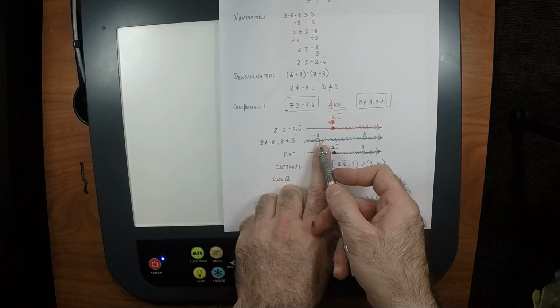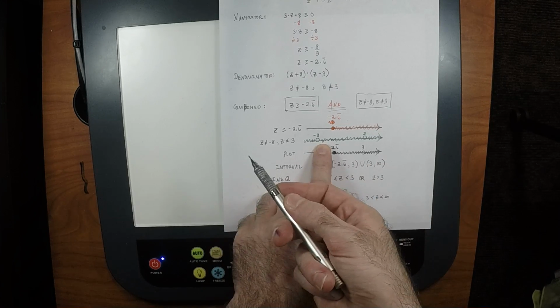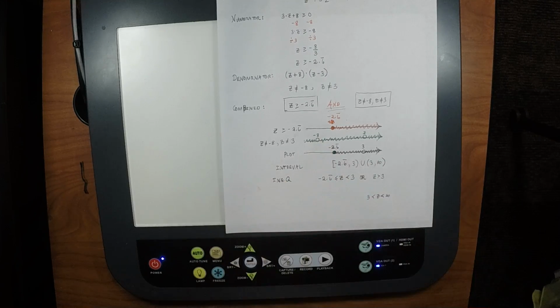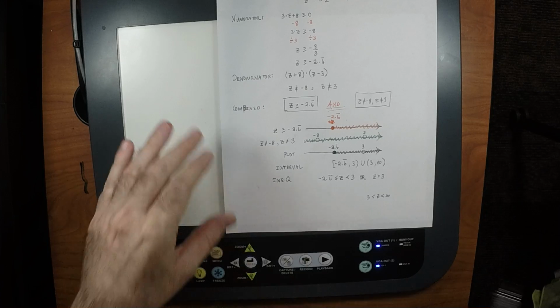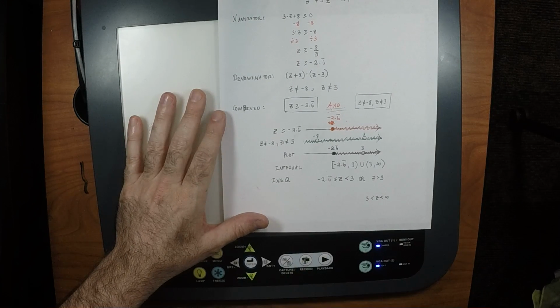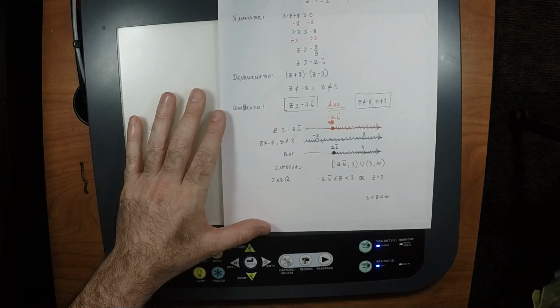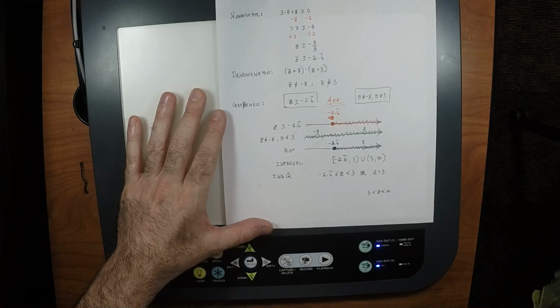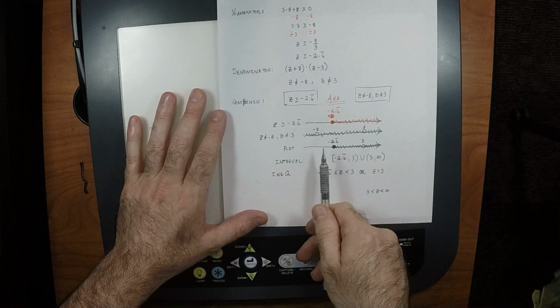And because negative 8 is so far away from being a red point, it's just not part of it. So that's part of the purpose from a teaching point of view of this exercise. The purpose is to give you that one and see if you're going to bite. What are you going to do with that negative 8? Are you going to recognize that it's not part of it?